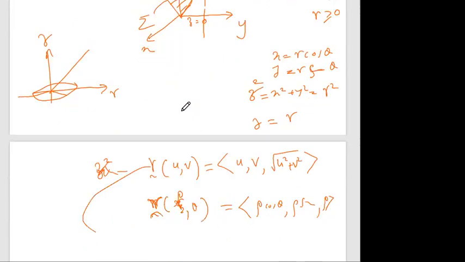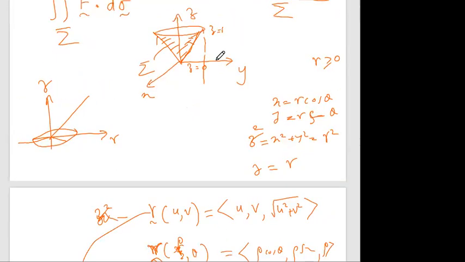Then to find the normal vector, you know the conversion. This is your sigma surface, and this is the projection of this surface, which is a circle.